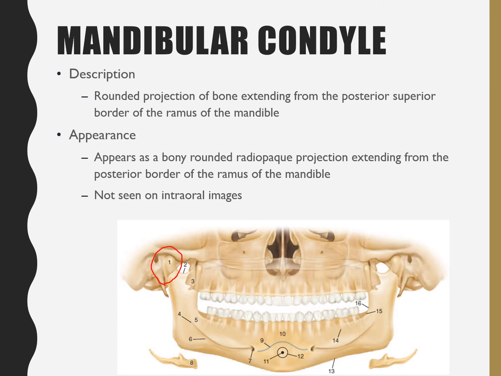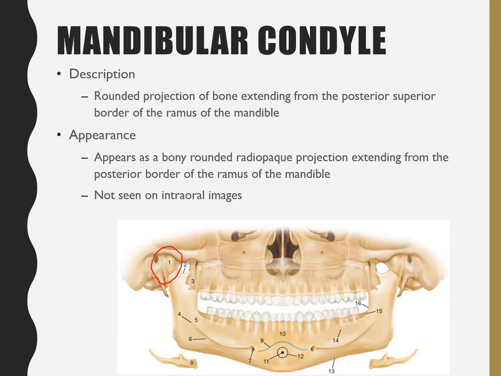Ask anyone who has temporomandibular joint disorder, and you will find out that your TMJ is a very, very important joint. I would say more important than your knees or your hips or your shoulders. It is a very important joint for life.